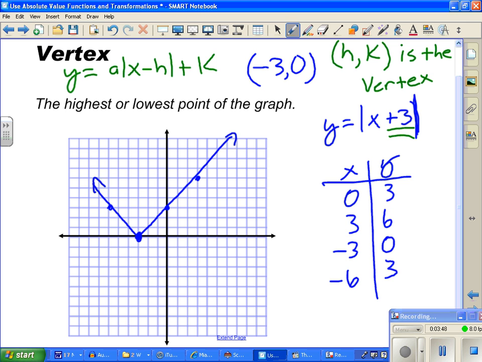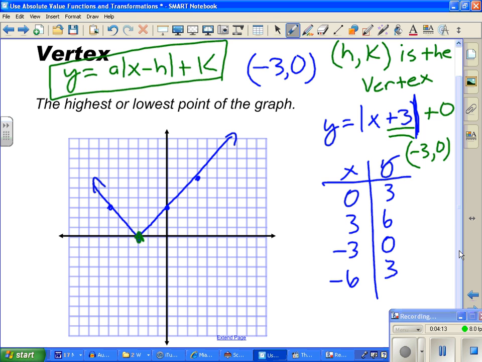So if I look at this, this is plus 3, so that's going to be negative 3, and there's nothing out here, so it's 0. Negative 3, 0. There's my vertex. This is why I want you to get used to point slope in this form, because it helps with absolute values. It's going to help with quadratics. It's going to help with conic sections. Good stuff. h, k is your vertex. All right, let's move on here.